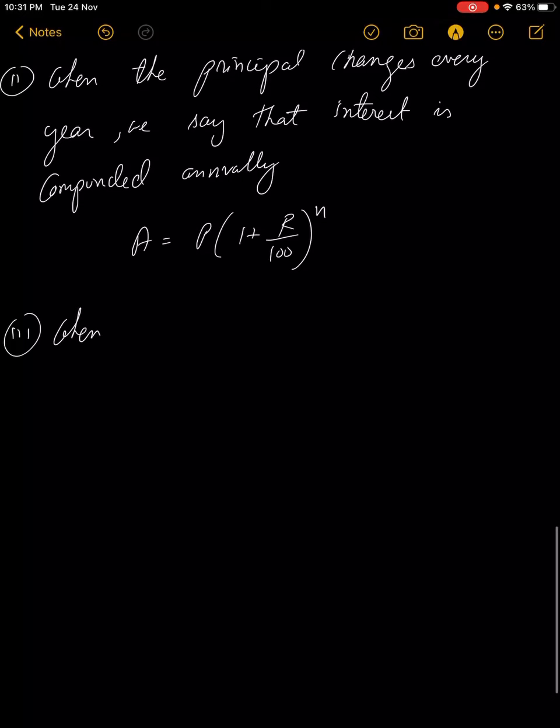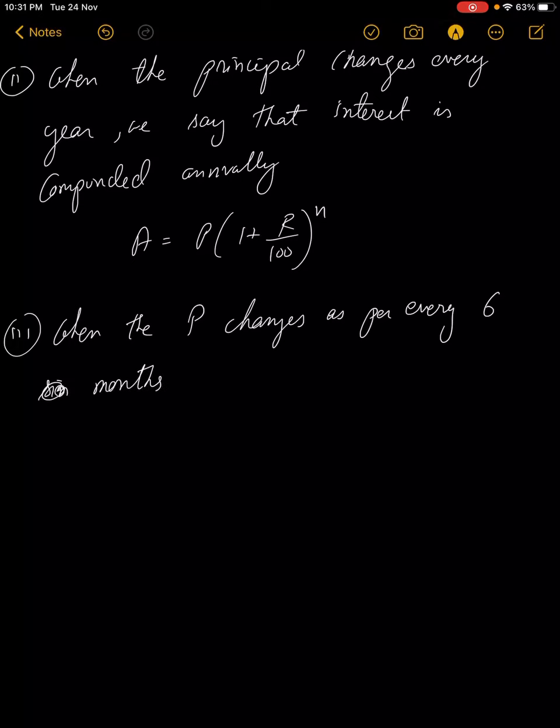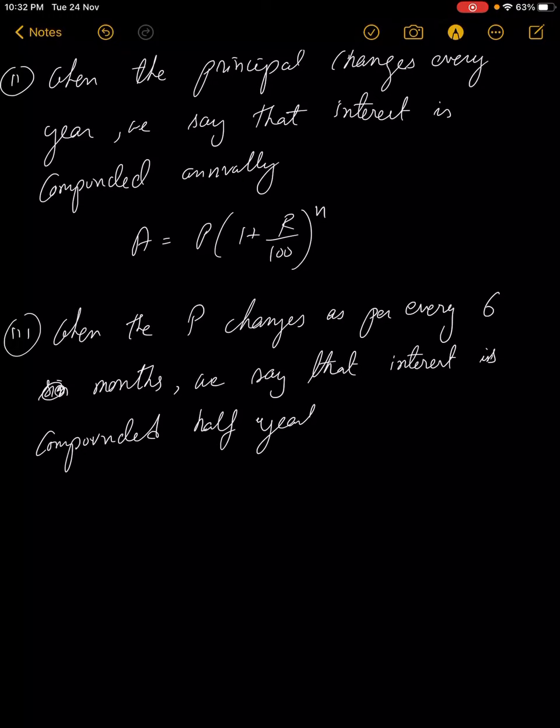Third, I'll write in notations P for principal. When the principal changes every 6 months, not every year, then we say that the interest is compounded half yearly.